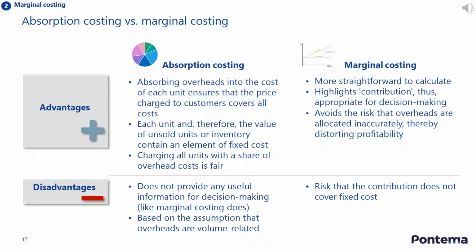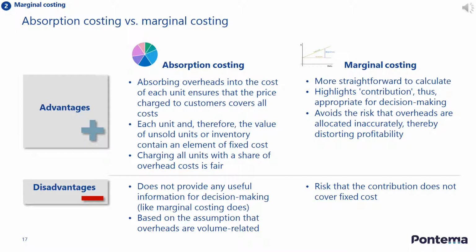But a disadvantage of absorption costing is that if fixed costs are a large part of total production costs, it can be difficult to determine variations in costs that occur at different production levels. This, in turn, makes it more difficult for management to make the best decisions for operational efficiency. Activity-based costing attempts to overcome this disadvantage, which you will cover later.